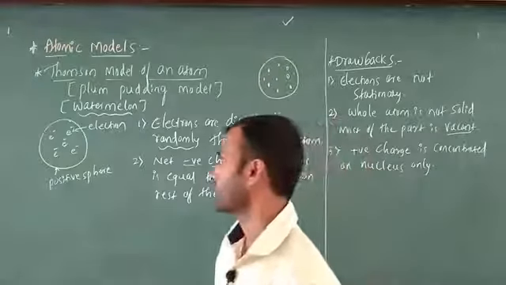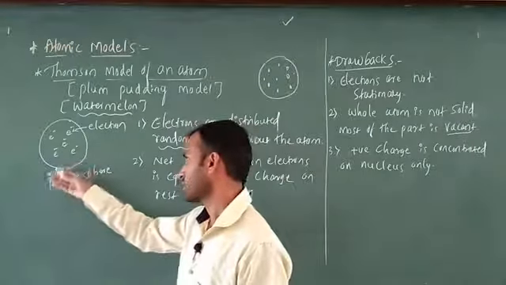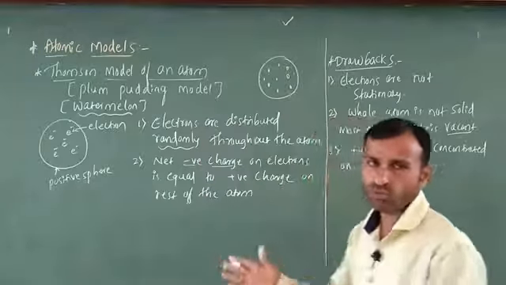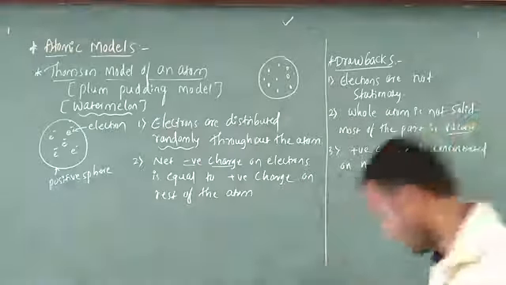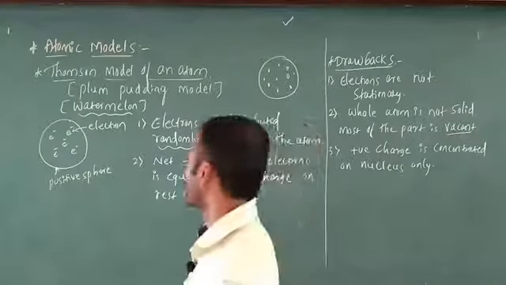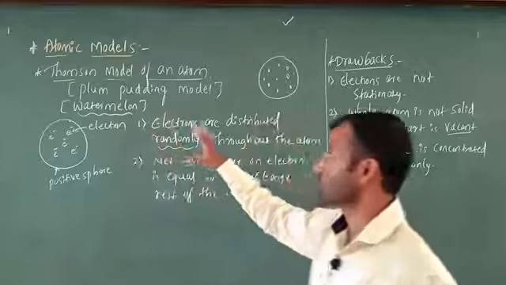The remaining part is positive charge. Both are almost equal in nature. These two points are important, bear them in mind. That's why it is called the Plum-Pudding model.